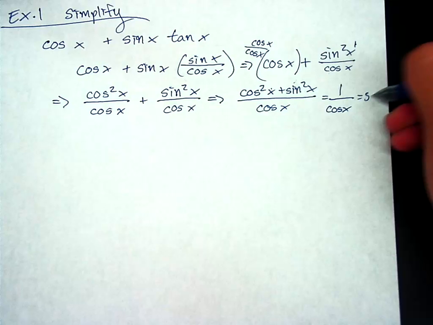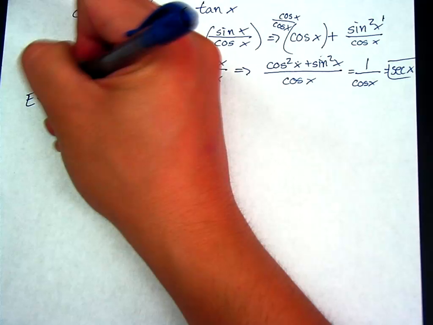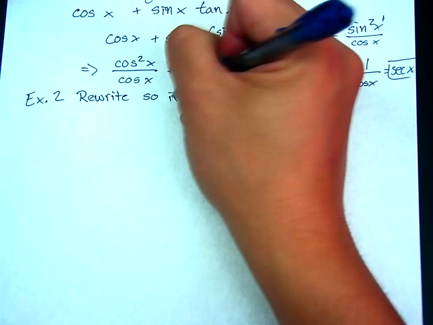Okay, so moving on to example 2, where we start off right off the bat with a fraction. We're going to rewrite the expression so it's not a fraction. The expression I'm dealing with is 1 over 1 plus cosine of x.